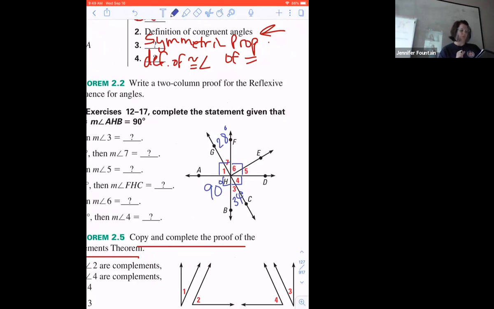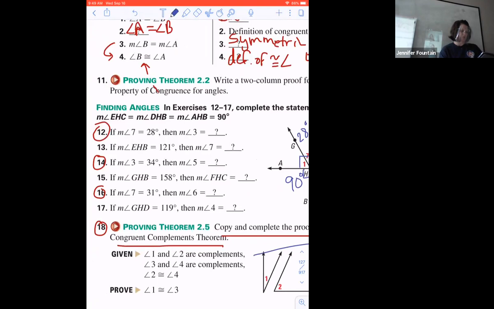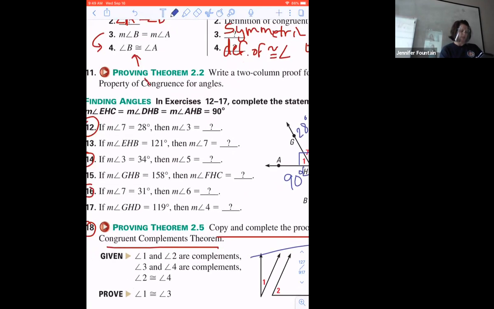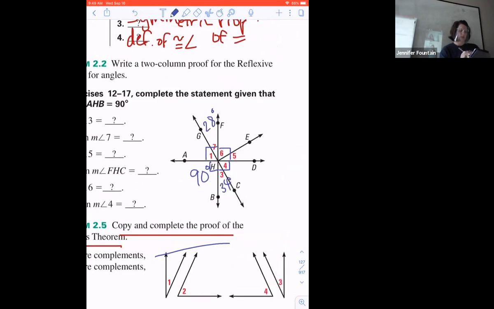So think about this for a minute. The measure of 3 was 34 degrees. Then what is the measure of angle 4? If 3 is 34 degrees, what is the measure of angle 4? 56 degrees, right?